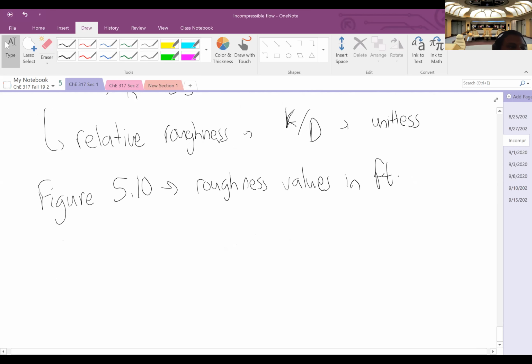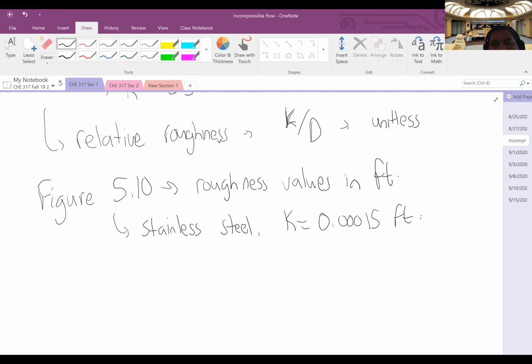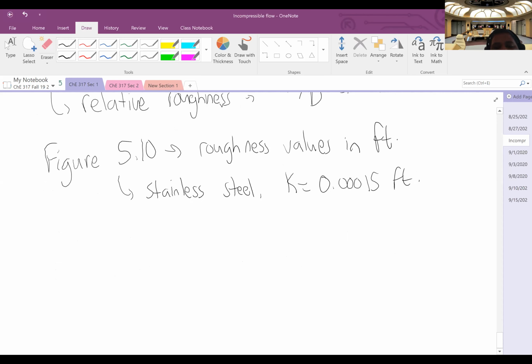For example, if we're looking at steel, any stainless steels, the roughness value, or K value, is going to be 0.00015 feet.